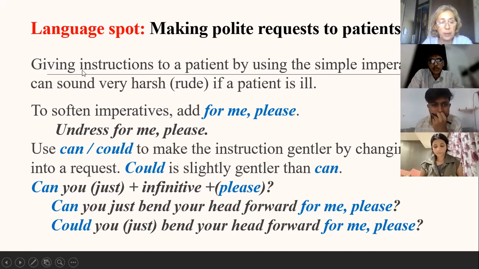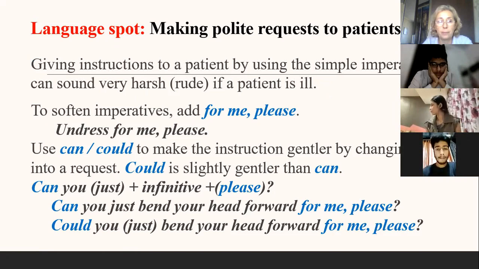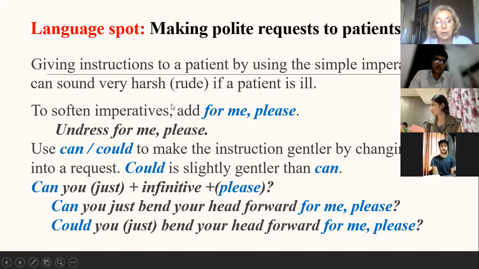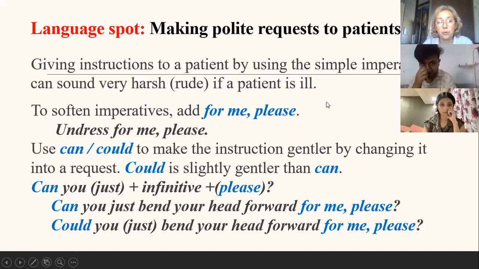When giving instructions to colleagues, other doctors, nurses, we should be short and precise and use short sentences to describe the steps of a procedure. But when giving instructions to a patient, simple imperative structures can sound very harsh or rude if a patient is ill. The person is weak, and we should be more polite.